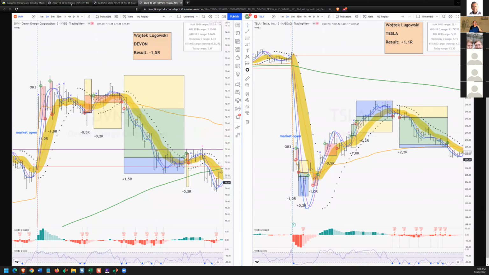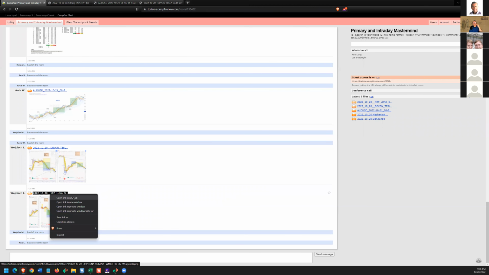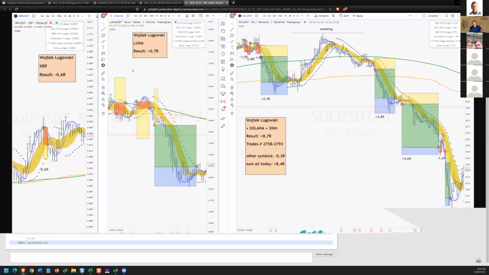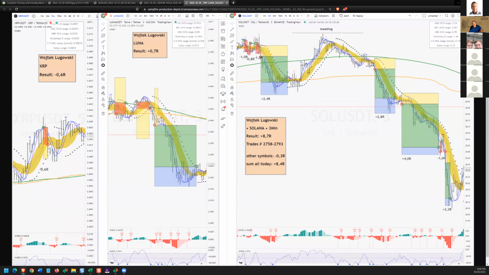But in the interest of finding the mover, by having a variety of things that you can shift to that are uncorrelated, XRP not much. Luna gets a nice payoff in here for 0.7, and then gets 8.7 in Solana. Finds the mover and exploits it for a total of 8.5 for the day.